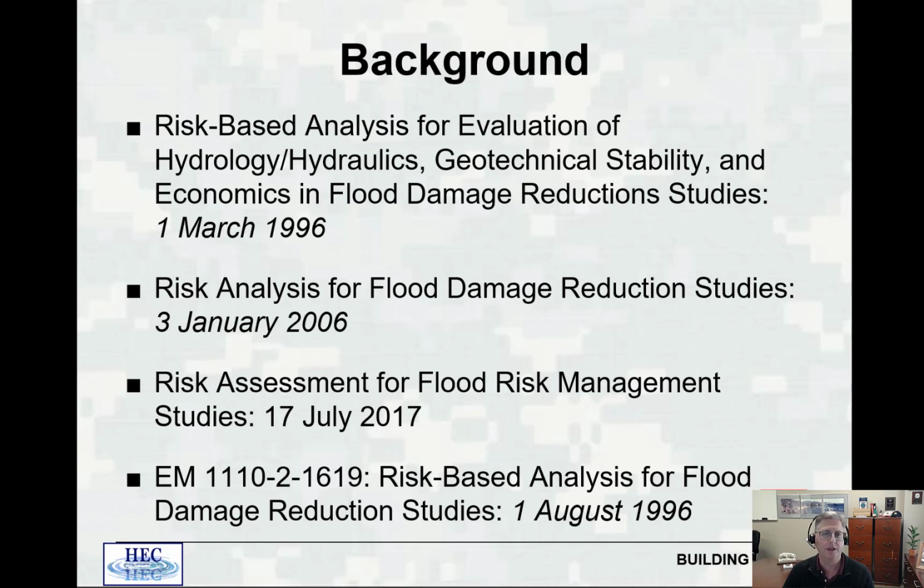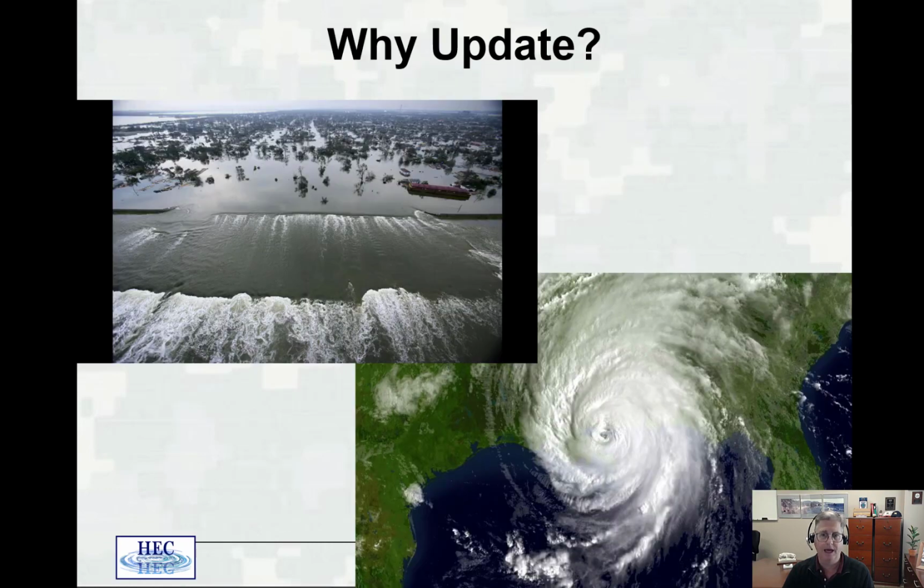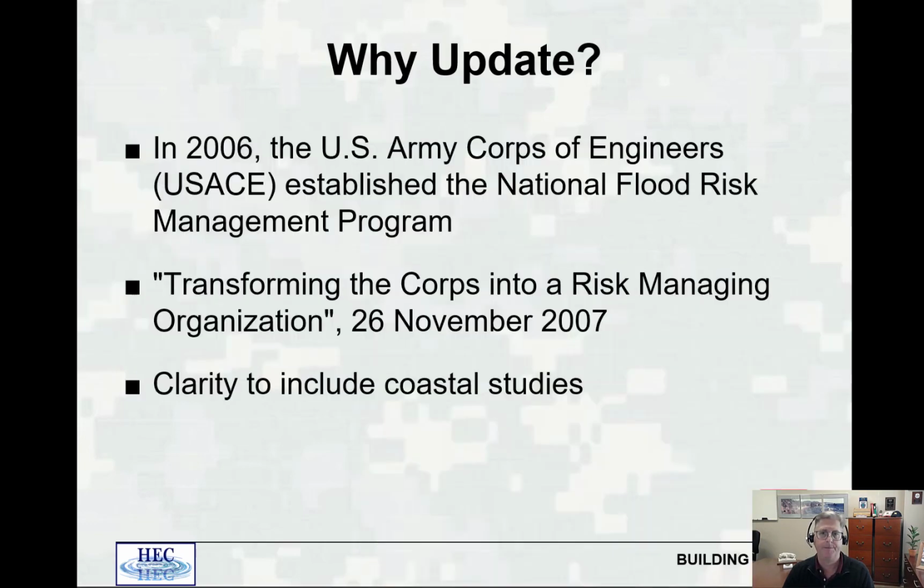It wasn't really until after Katrina happened and we had time to digest the impacts of Katrina did we update the ER again, and those updates are found in the 17 July 2017 version of the ER. And as I said, the 2019 version was written mostly to include coastal studies, and also to tighten the definition of annual exceedance probability.